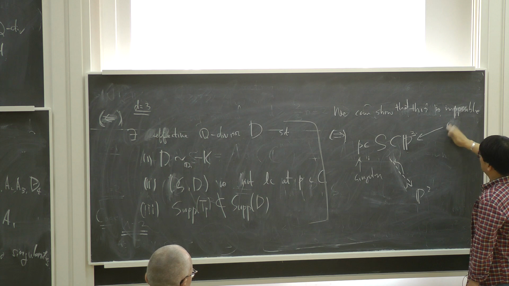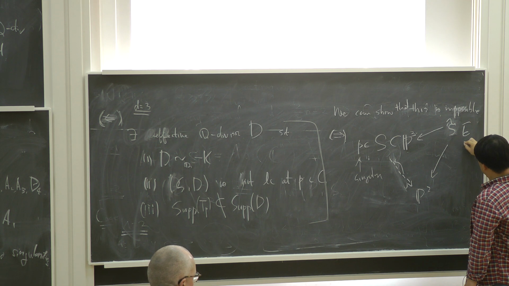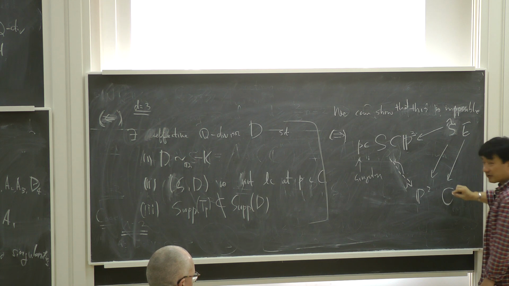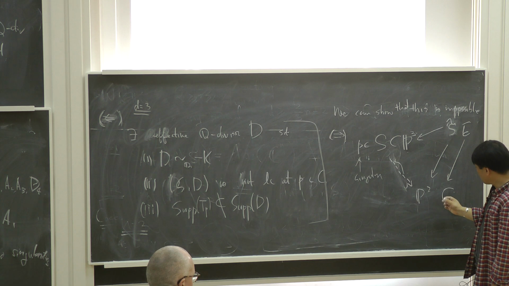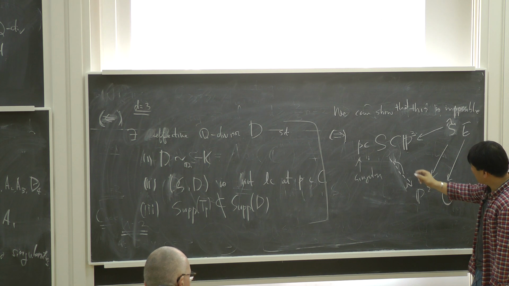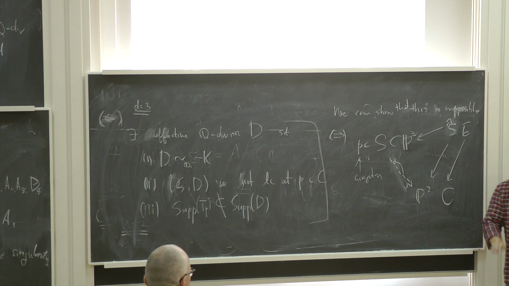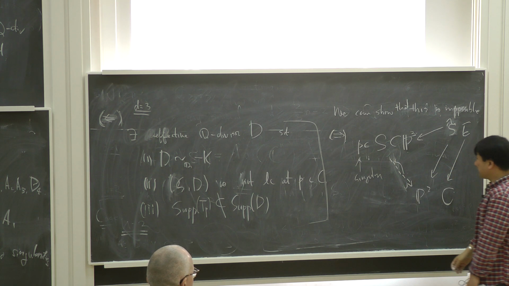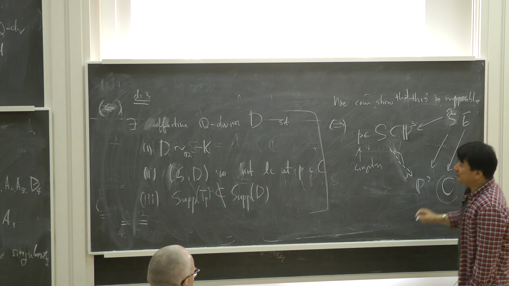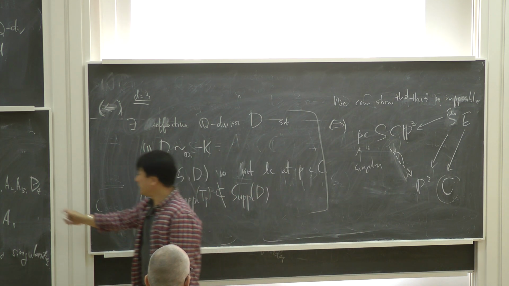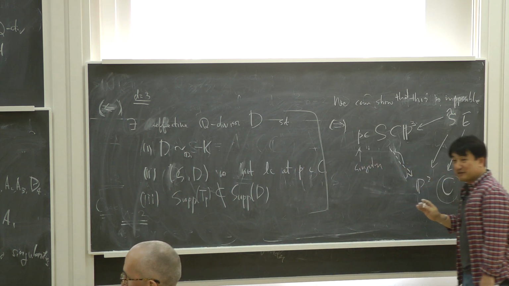So you get S tilde, and here is the exceptional divisor, and let's say this image is C. Then outside of this C and outside of this point, they are isomorphic. Roughly speaking, this C depends on the singularity types, A1, A2. No, wait. No.